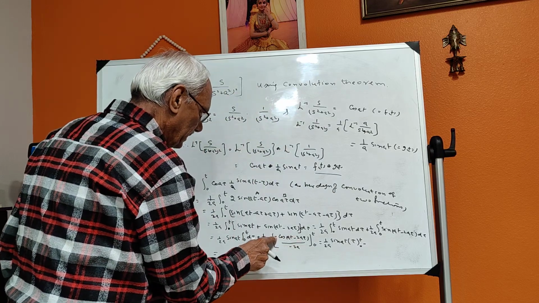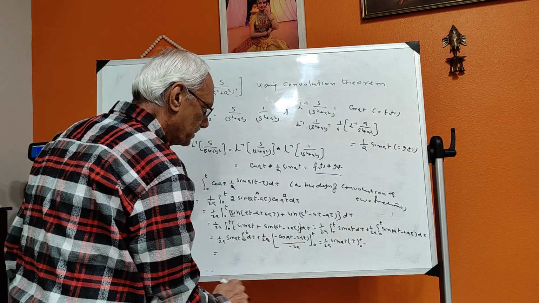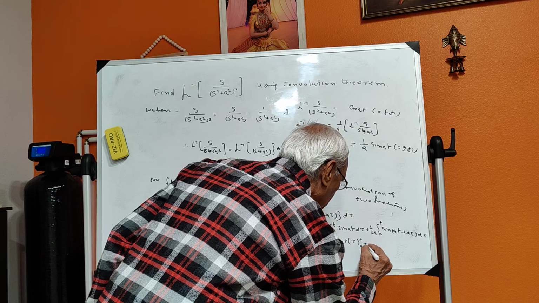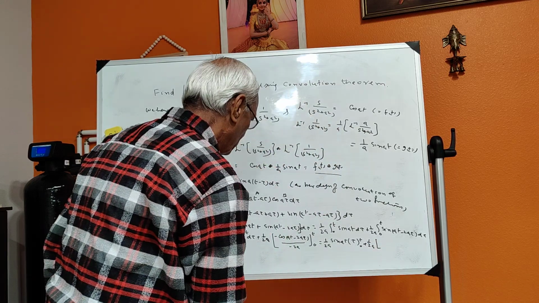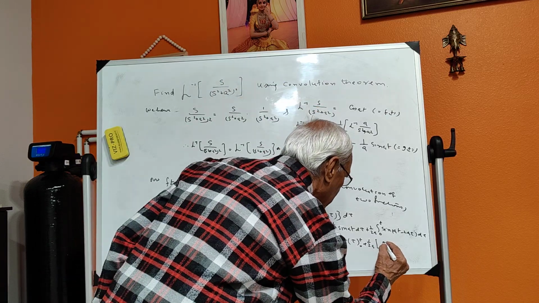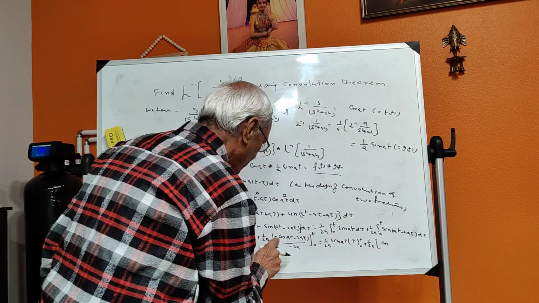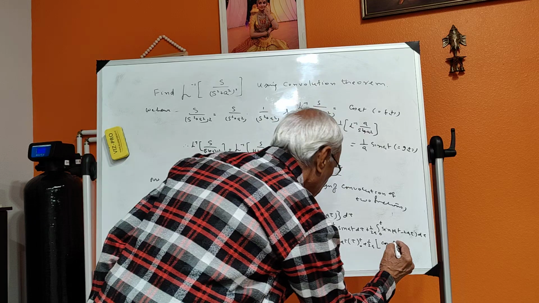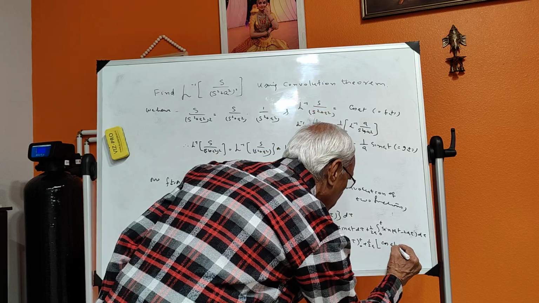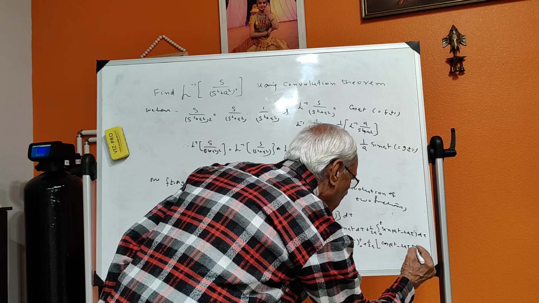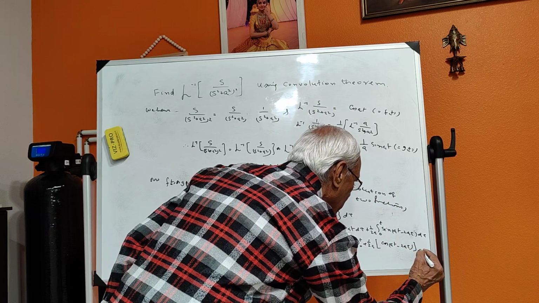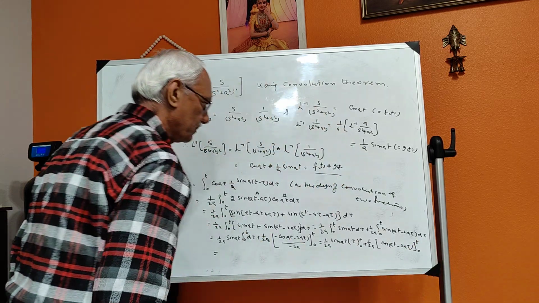Here you see that the minus you can remove, so it becomes plus 1 by 2a. Within brackets, minus into minus is plus, so you get cos(at minus 2a tau), and the limit is from 0 to t.